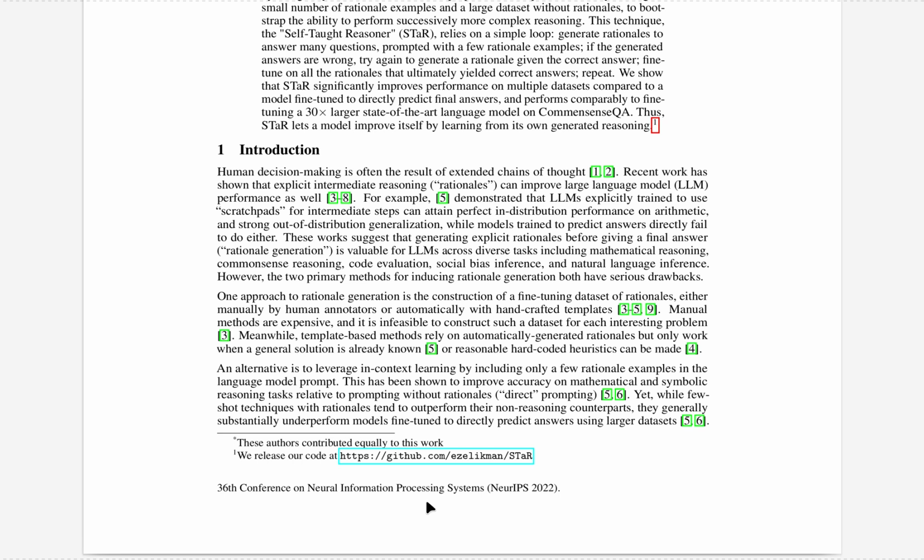Yet while few-shot techniques with rationales tend to outperform their non-reasoning counterparts, they generally substantially underperform models fine-tuned to directly predict answers using larger datasets.